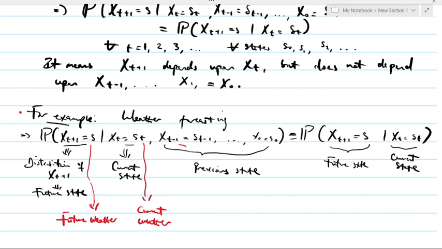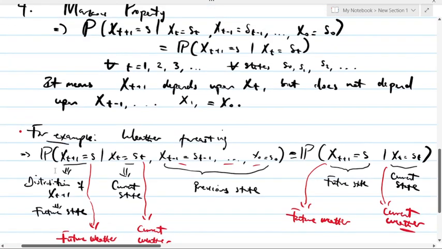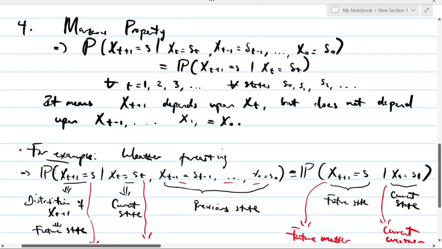Why not yesterday's weather, the day before yesterday's weather, etc.? So the Markov property is that if you want to predict tomorrow's weather, which is the future weather, just consider today's weather, the current weather. So I believe with that example, you are able to grasp what the Markov property is all about.